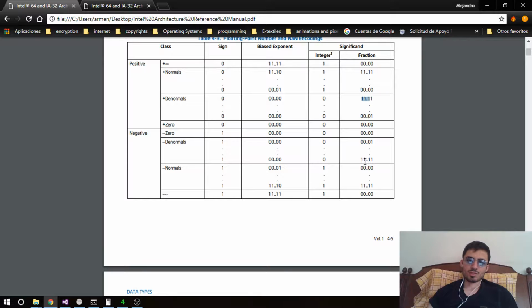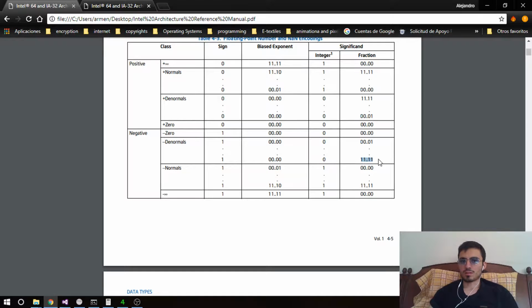And minus 0 is the same as the denormal, but the sign bit has been set. The biased exponent is never used, and the integer is implied to be 0 as well, or you can set it depending, and everything else works pretty much the same.